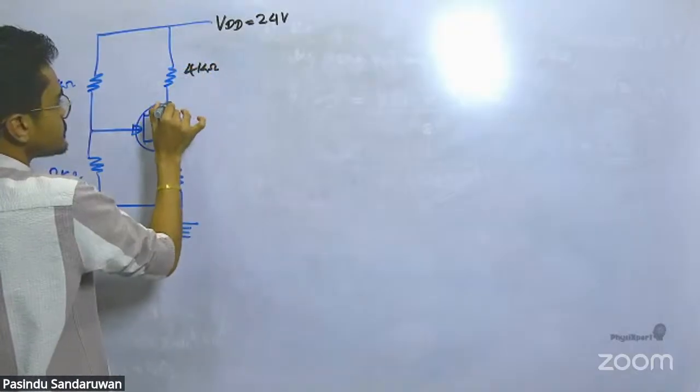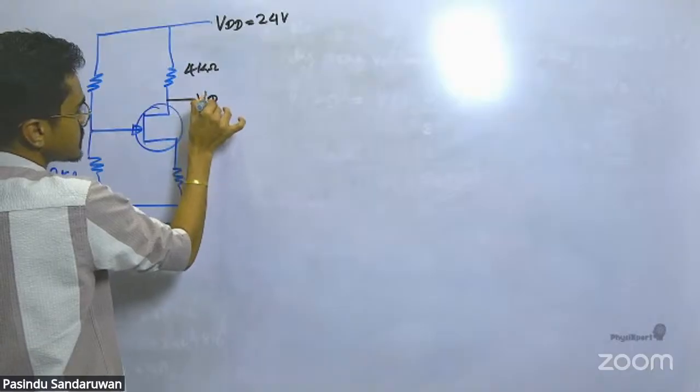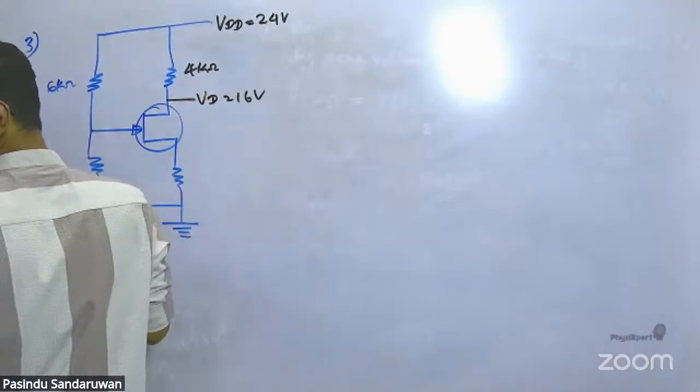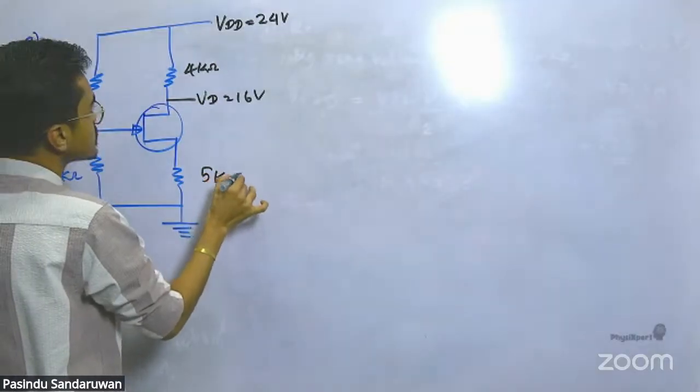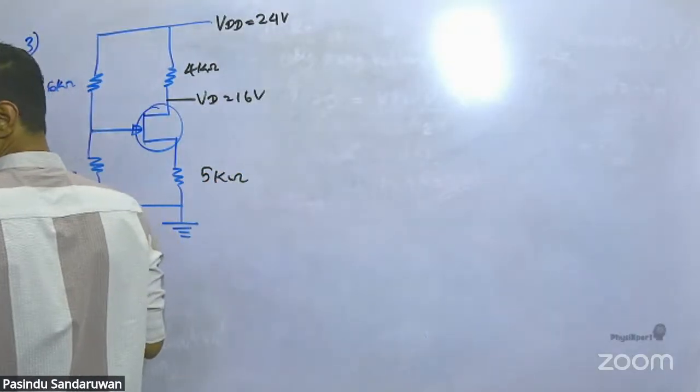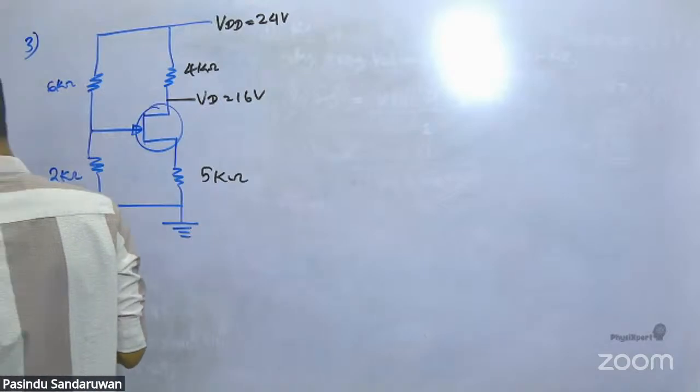VD is given as 16 volts. 5 kilo ohms here.